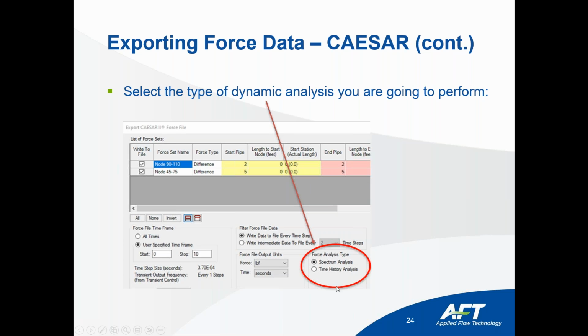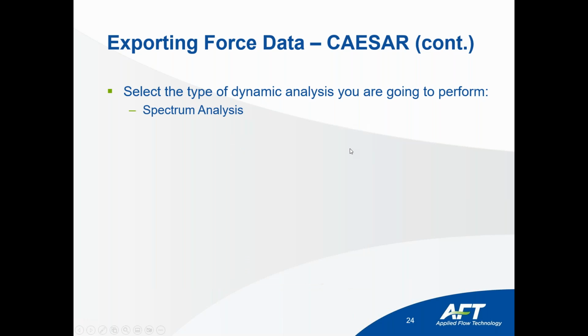Now, the second step is selecting the type of analysis you're going to perform, whether spectrum analysis or time history analysis. The difference is basically because of the different way both analyses are done, so it will take different actions depending on the analysis you're going to do.